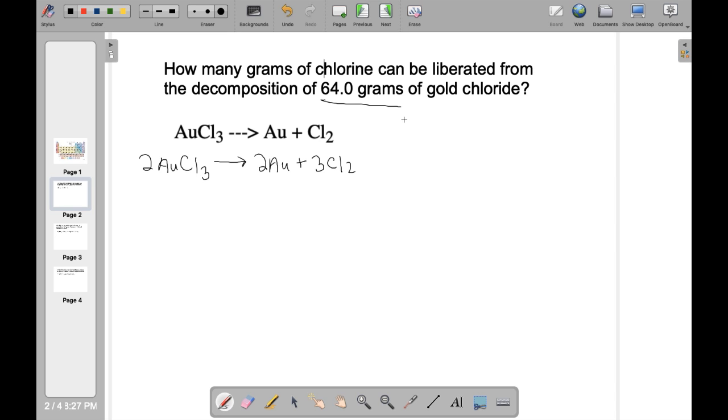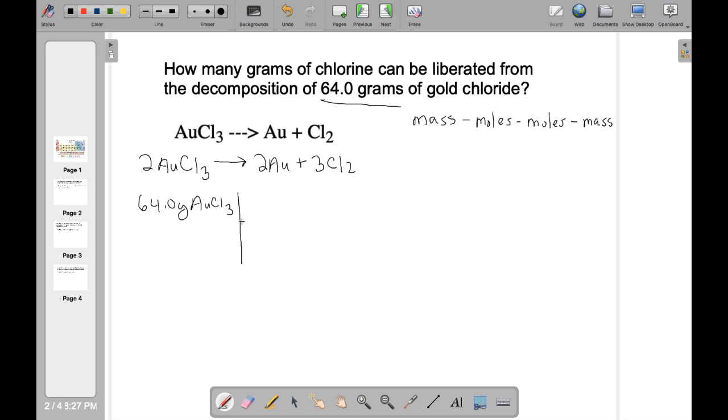So to do this problem, we're going to go from mass to moles back to mass. And I'm going to show you how to do that. So let's get our 64 grams, and I'll put it over here, 64.0 grams of gold chloride.